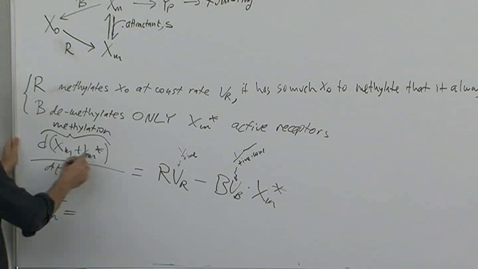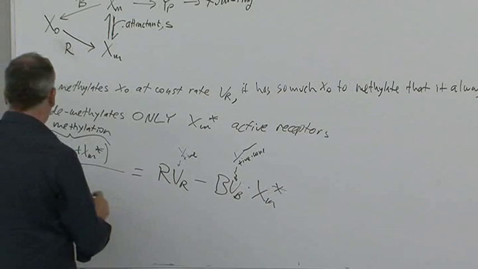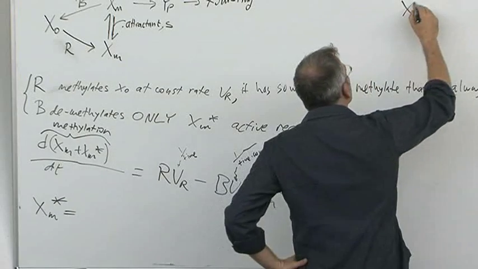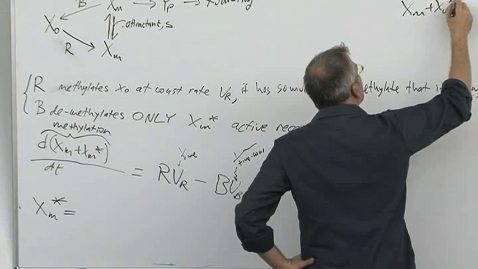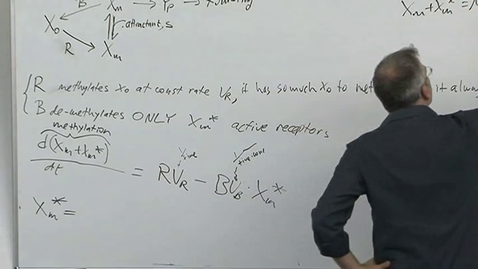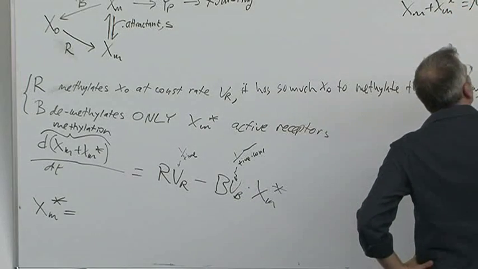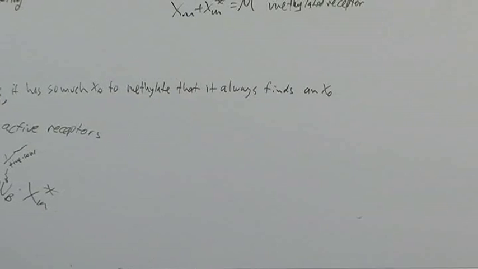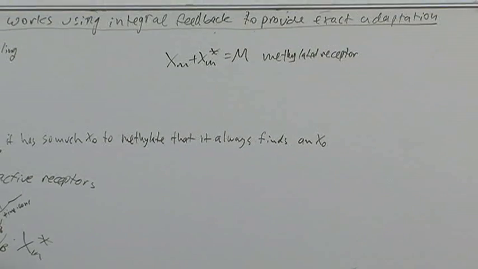I'd like to call this XM plus XM star, let's call this M. This is the total number of methylated receptors. So this is a slow time scale.